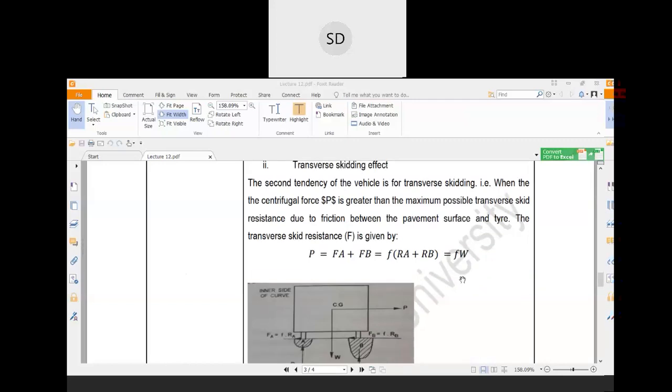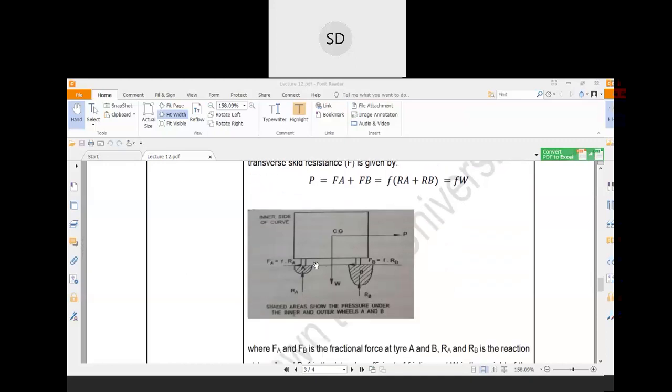Transverse skidding effect will be nullified by the frictional force. If the frictional force generated is more than the centrifugal force, there will be no transverse skidding. If the frictional force generated is lesser than the centrifugal force, there will be transverse skidding effect.